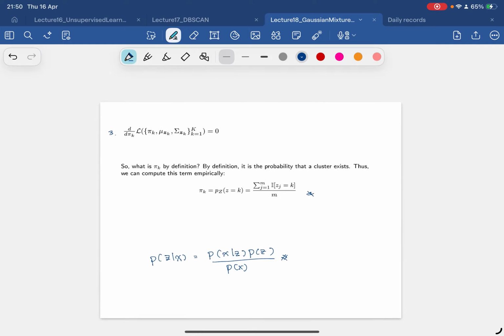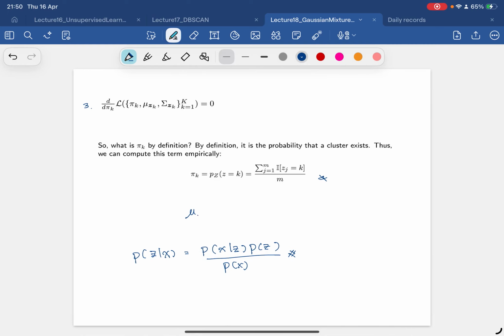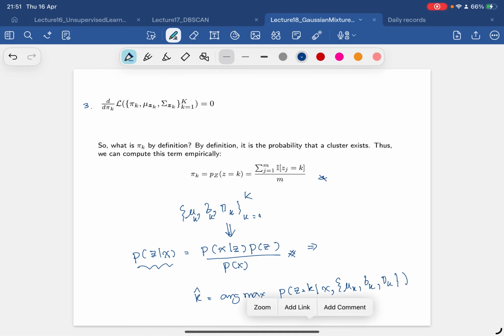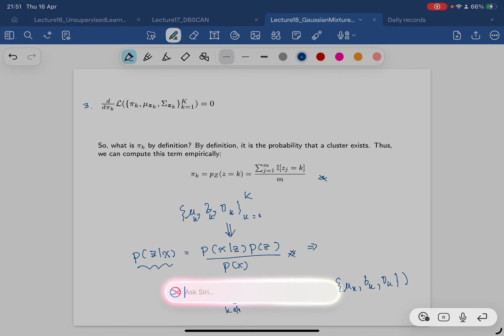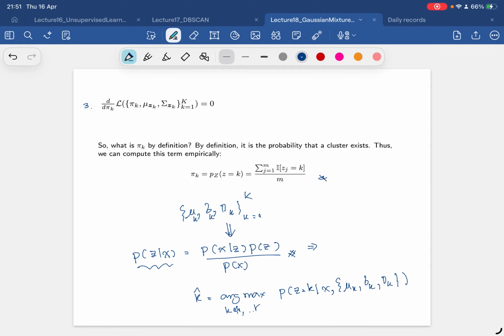So once you have mu, sigma, and pi, you plug them into this formulation to solve for the k that maximizes it. I'll put this together.